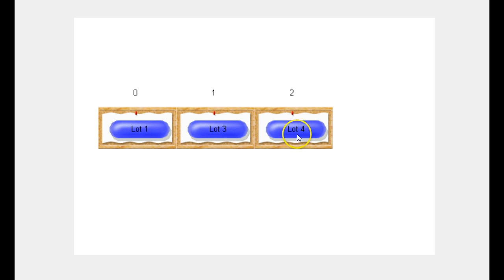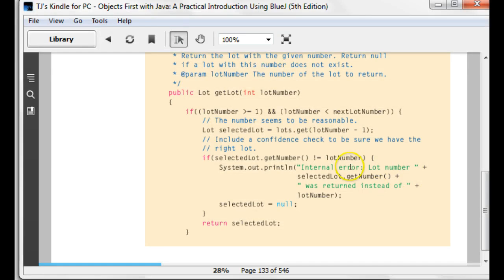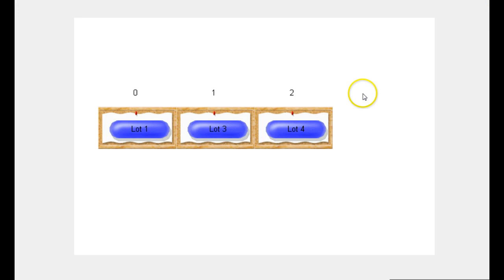Or what if we want to get lot number 4? Even worse, we do a get on 4 minus 1, which is 3. Well, there is no 3 to be indexed, there's only 0, 1, 2. So we're going to get an index out of range exception. It's going to totally wipe out on us.